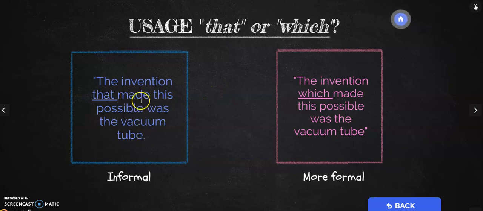So we could say, the invention that made this possible was the vacuum tube. But in the same sentence, if instead of using the relative pronoun that, we used which, we would sound more polite, more formal. So, the invention which made this possible was the vacuum tube. So there's, as you can see, a difference in register when it comes to using one relative pronoun over the other. All right?